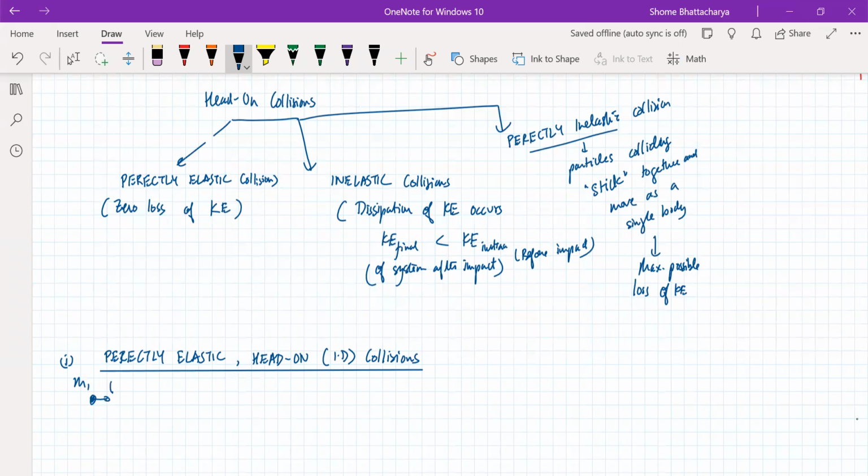Taking the same sign convention, after impact this is moving with V1 and this with V2. So we have the familiar equation, M1U1 plus M2U2 is equal to M1V1 plus M2V2. This is our first equation.